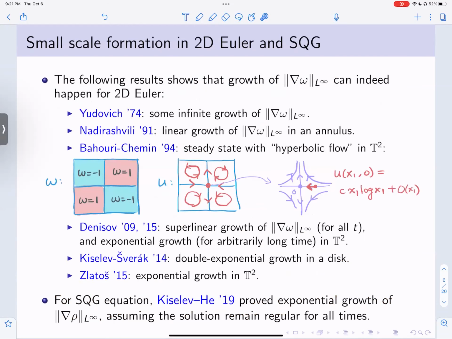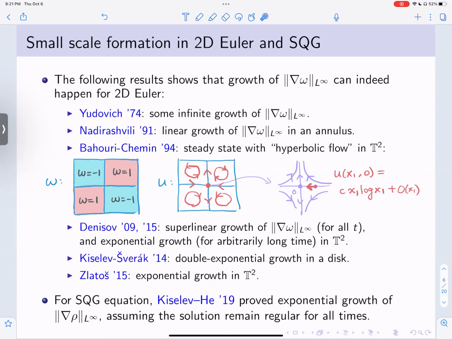Okay, so for these kinds of small scale formation results, there have been quite a few results of such flavor for the 2D Euler equation and also the SQG equation. So before I talk about our proof strategy for the IPM, let me just briefly review these results for Euler and SQG.